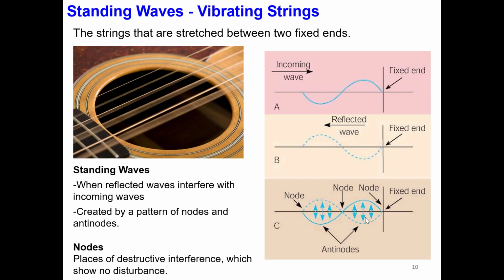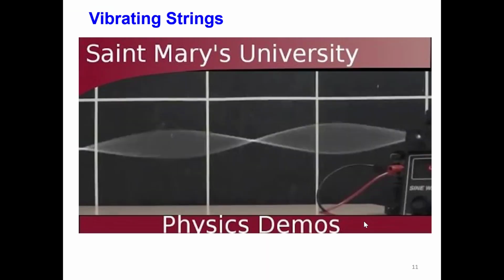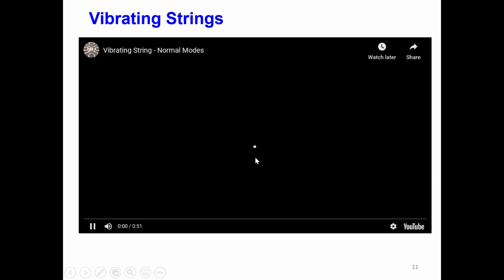There are many variables that need to be taken into account to create patterns of nodes and antinodes. And in the next video, we are going to see how the standing waves are generated. Let me show the video and you can see that.